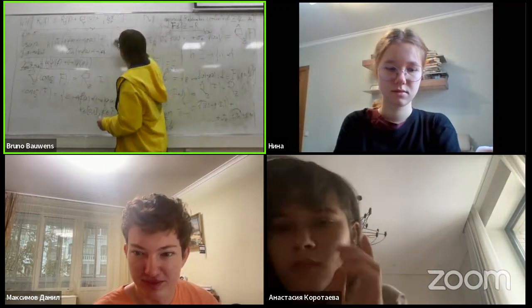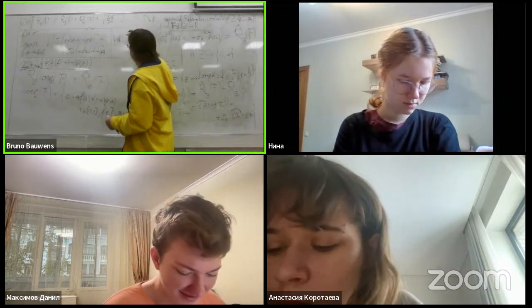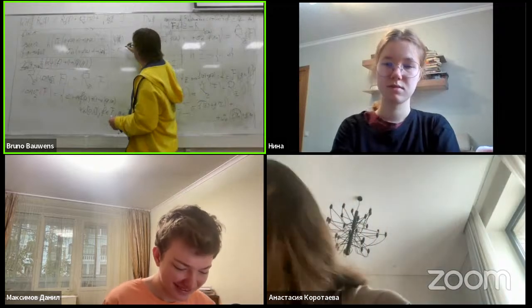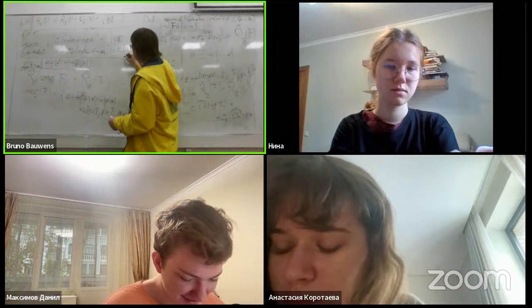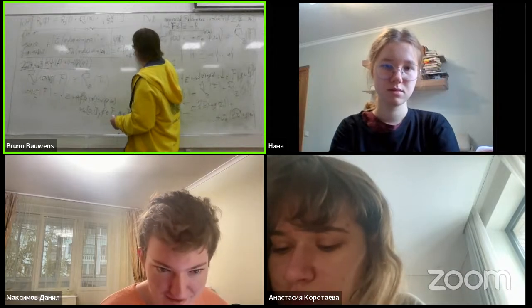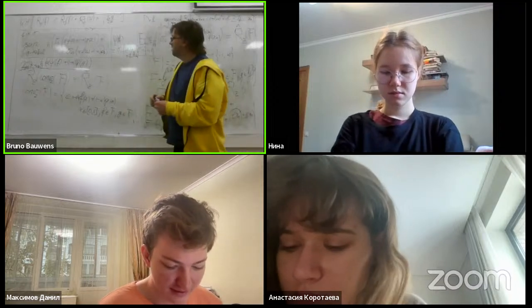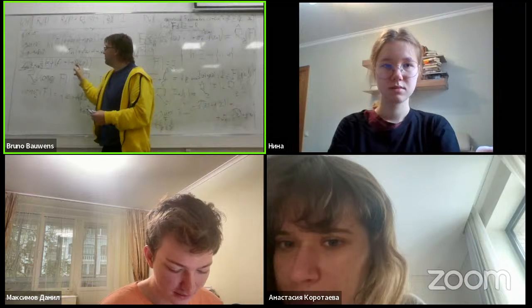So psi of f is equal to sigma_1 f of z_1 plus ... plus sigma_n f of z_n. So we have 2 times the same expression for f and g.